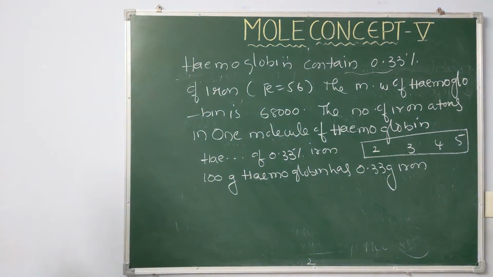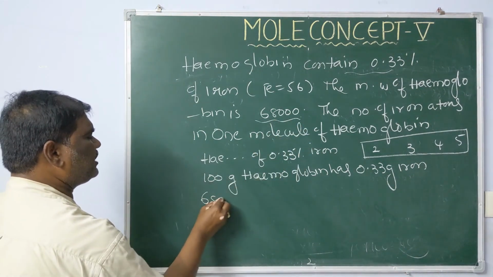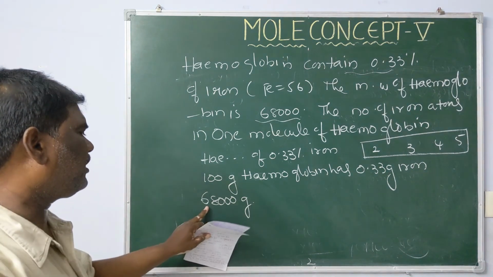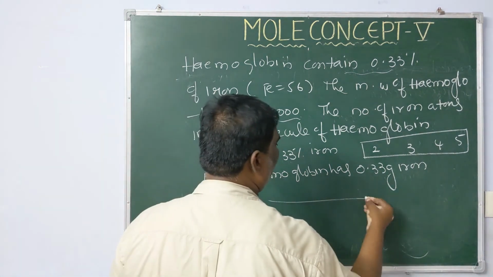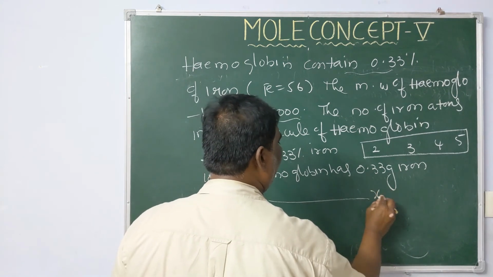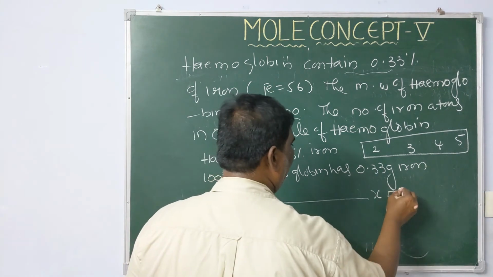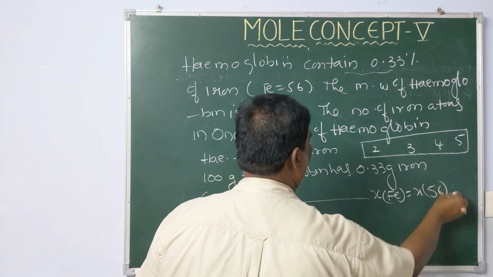Now let us say the molecular weight is 68,000. 68,000 grams of substance contains, let us suppose, X iron atoms. Each iron atom weighs 56 grams.